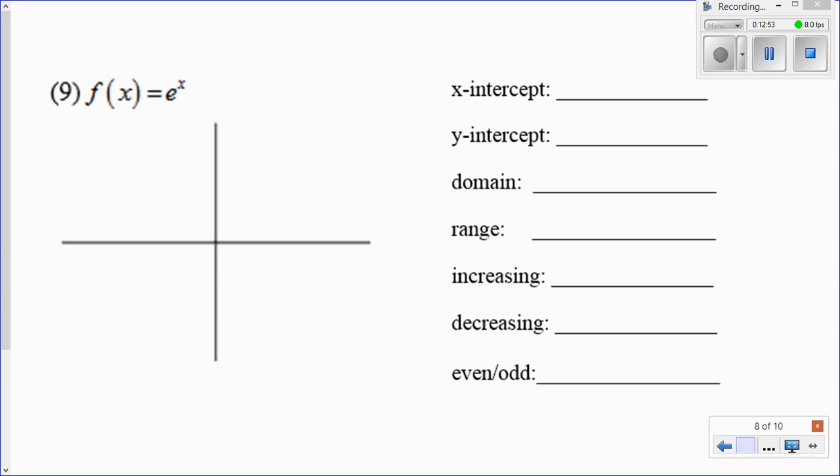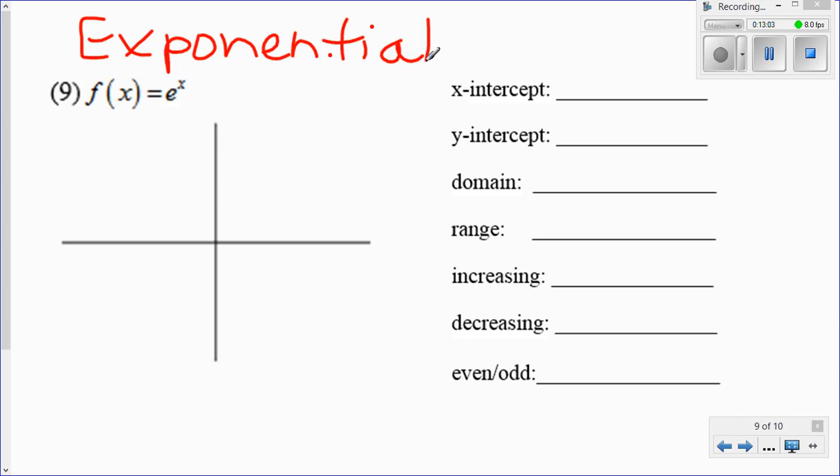All right, and then our last parent function is e to the x. This is called an exponential function. And its graph actually goes through the point 0, 1. And it looks like this. Okay, so again, this graph does not have an x-intercept, but it has a y-intercept of 1. And the domain for this one is all real numbers.